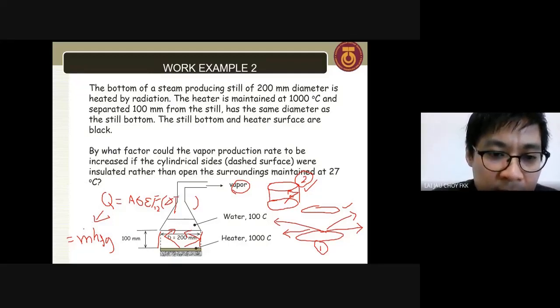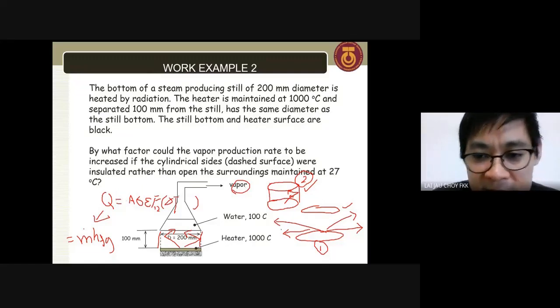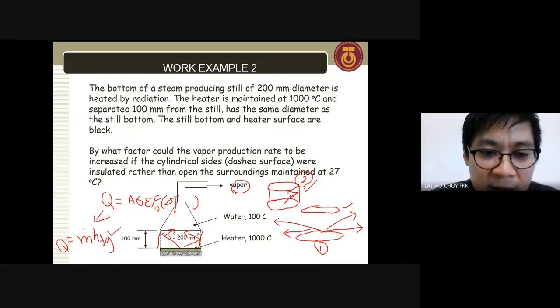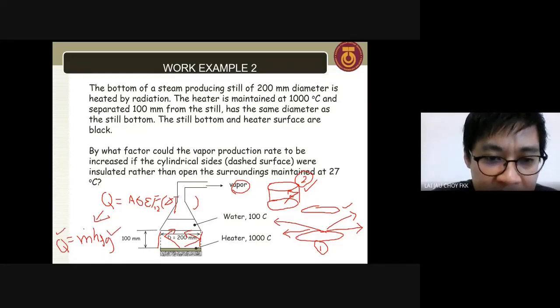So first you need to calculate Q for both scenarios, Q for scenario 1, Q for scenario 2, because they have different view factors. Then you calculate with the same formula. h_fg you can get from the appendix. Q you can calculate from here. Then you can get m dot.